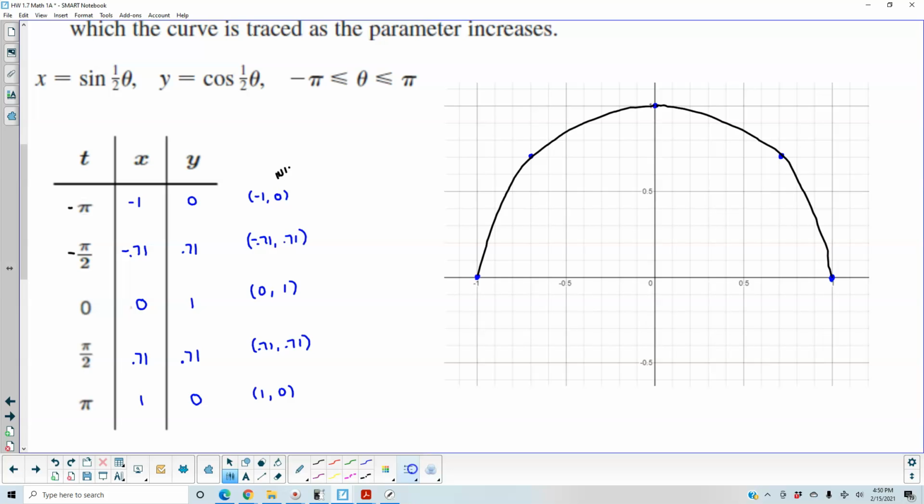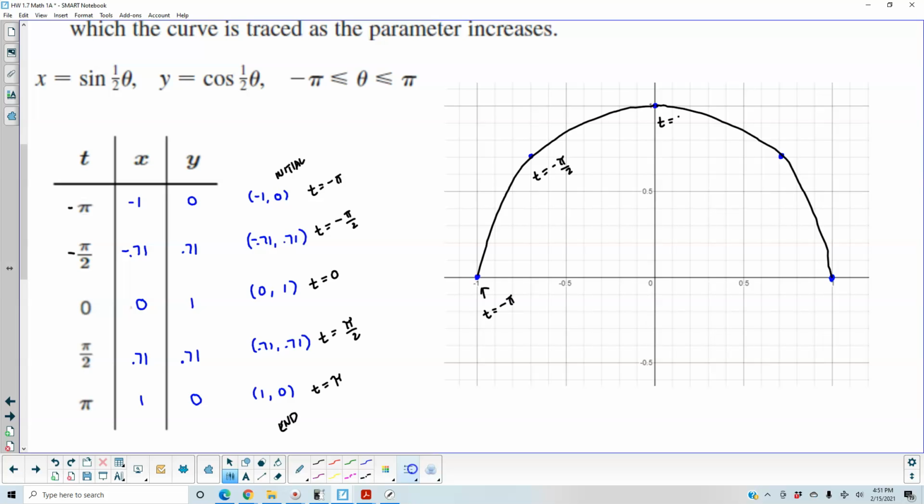Okay, this is our initial point. This is the ending point. This is when t is equal to negative pi, t is equal to negative pi over 2, t is equal to 0, t is equal to positive pi over 2, and t is equal to positive pi. So this is when t is equal to negative pi. This is when t is equal to negative pi over 2.